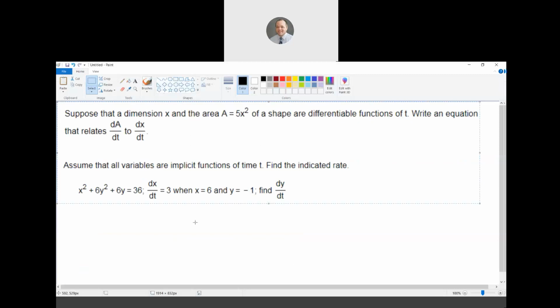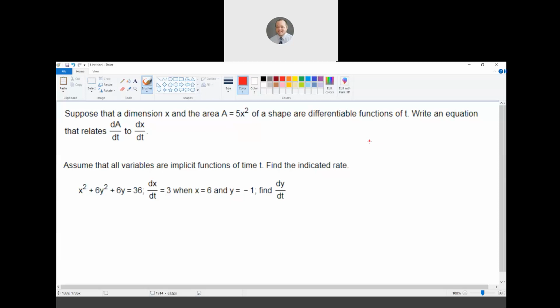All right, the first question, we're not really working anything out. With the given area equal to 5x squared, suppose that the dimension is x and the area formula is given of a particular shape, and they're differentiable functions of t.